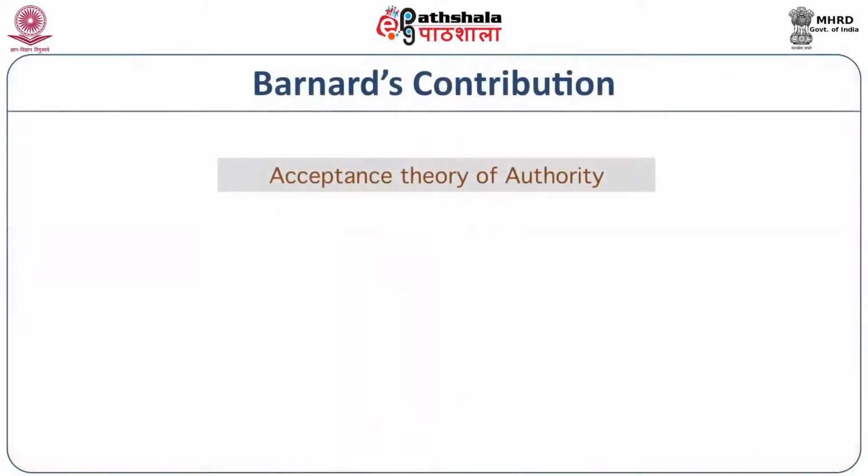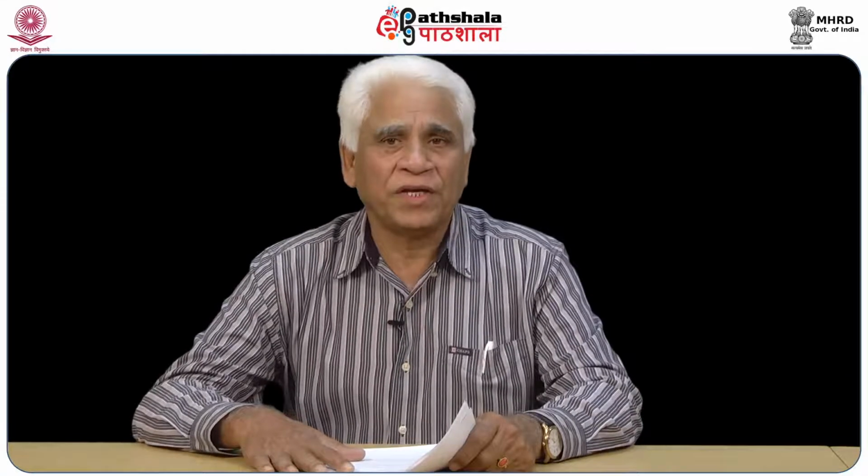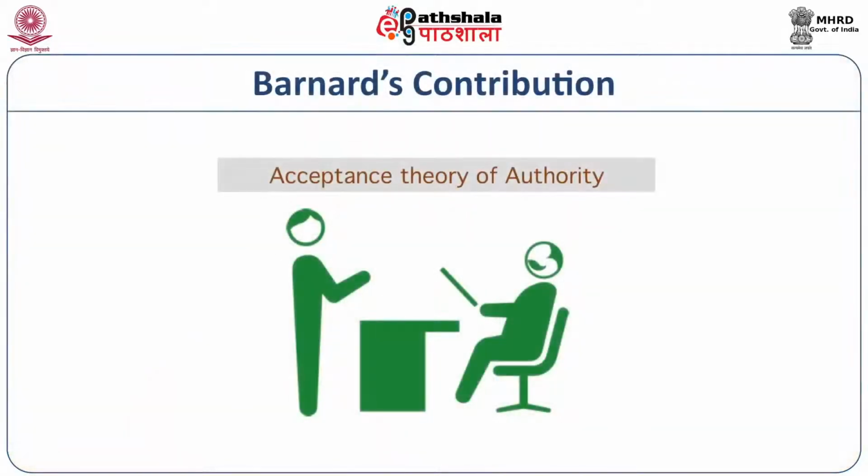Now, coming to the acceptance theory of authority, Chester Barnard said, contrary to the earlier notions of authority as the command of the superior, that authority is vested with the superior. Authority vests with the higher reaches of the hierarchy. The boss gives orders, and therefore authority is the command of the superior. This was the earlier notion.